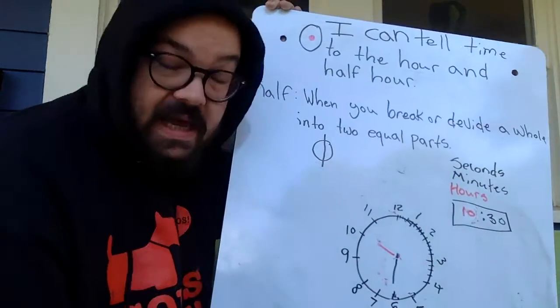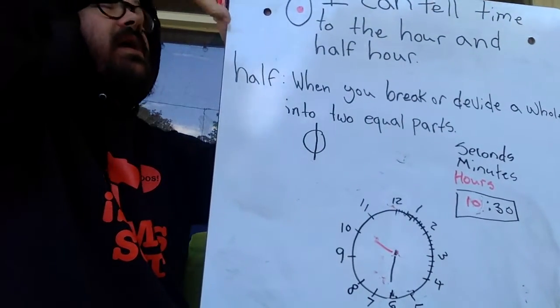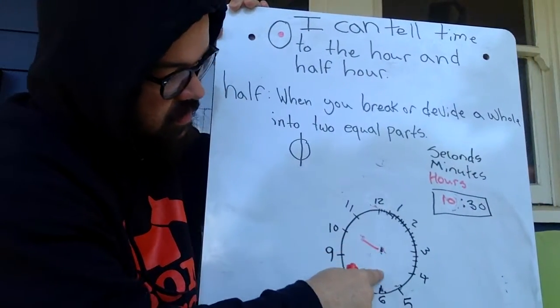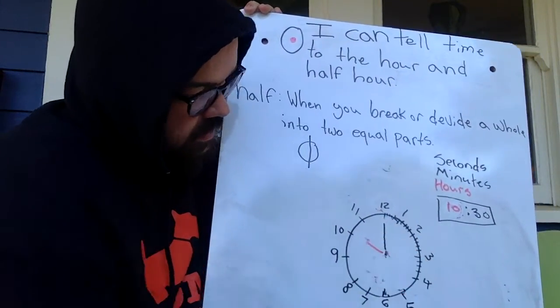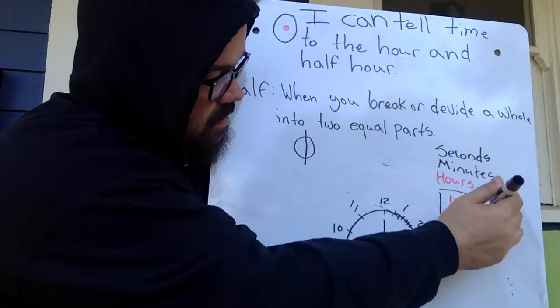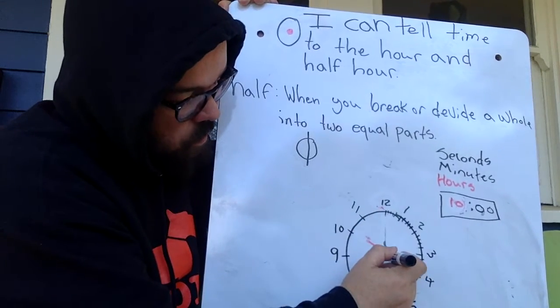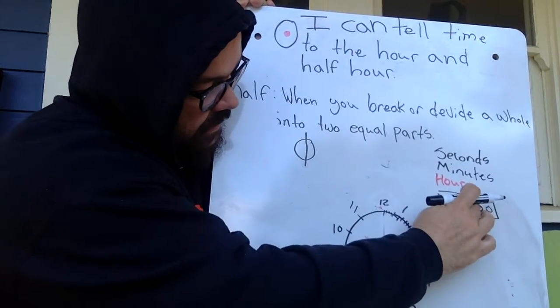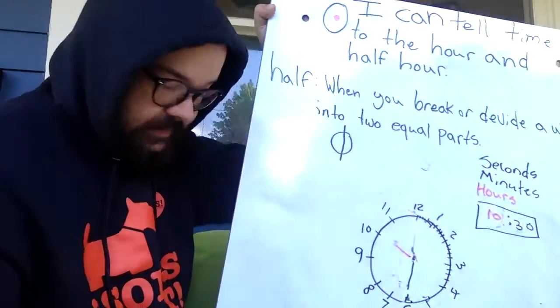So now you can tell time to the hour, right? 10 o'clock, or the half hour, 10:30.